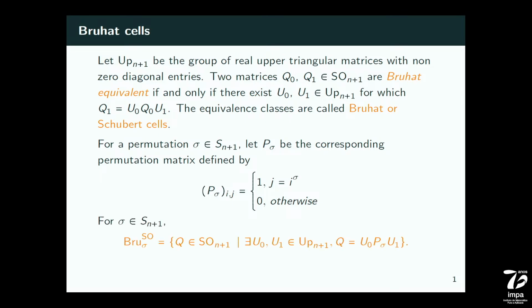For a permutation sigma, we define Bru sigma as the set of all orthogonal matrices that are written like that, where here we see P sigma.